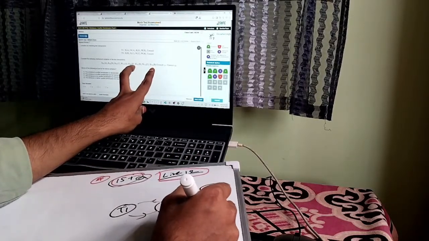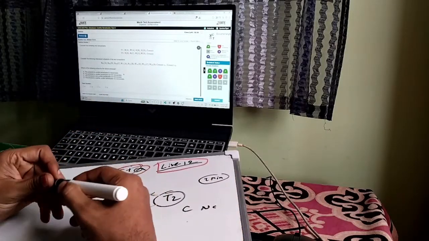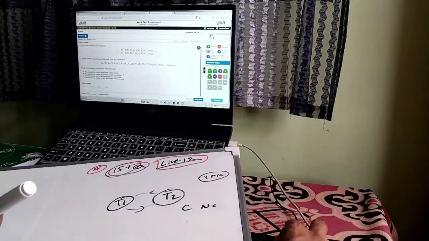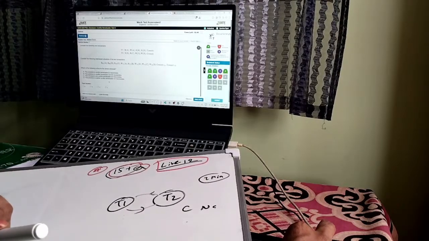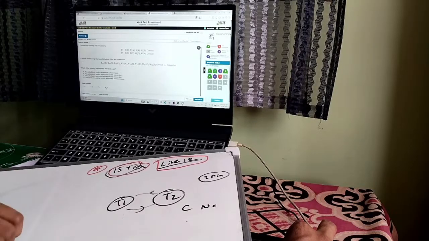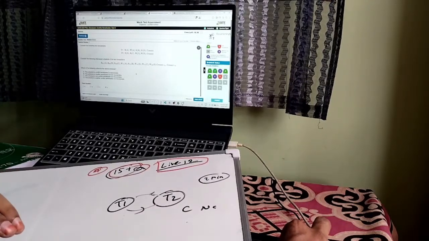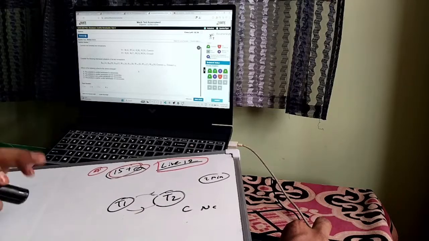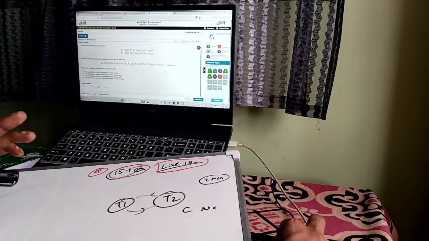So it's not completely serial, but it is recoverable. Why?